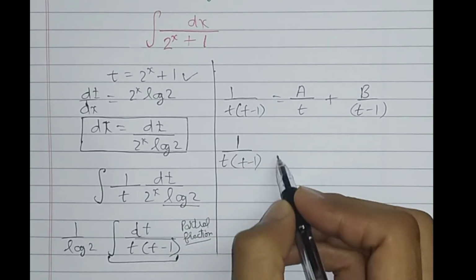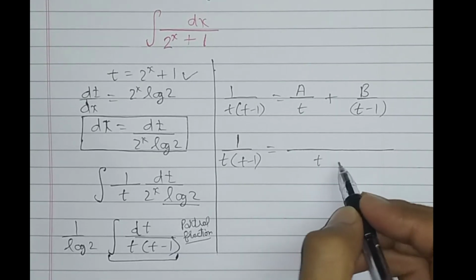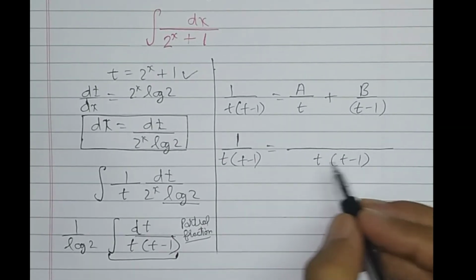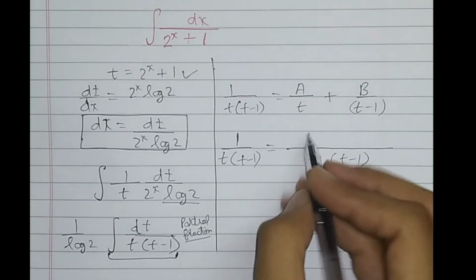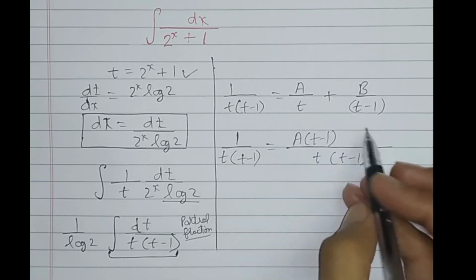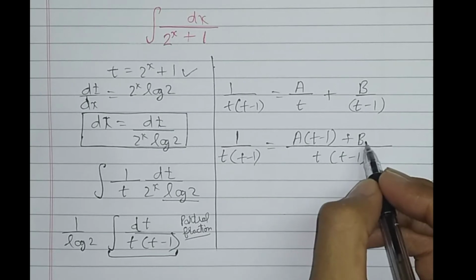Taking the LCM, t gets cancelled and we have a into t minus 1, then t minus 1 gets cancelled, plus b into t.